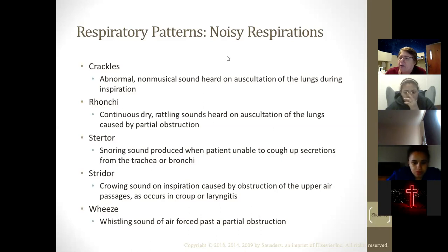Anybody ever hear a child with croup or whooping cough? Their airway is pretty much obstructed, and then it's that crowing sound on inspiration. And then wheezing is a whistling sound, like a musical high-pitched note when they're breathing, and that means that their airways are restricted.